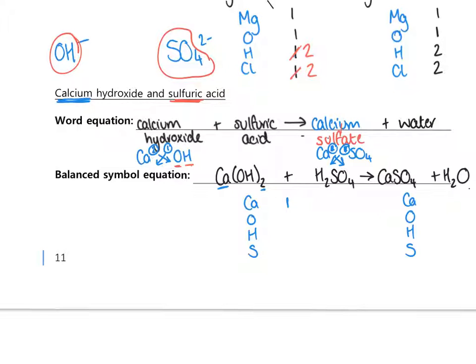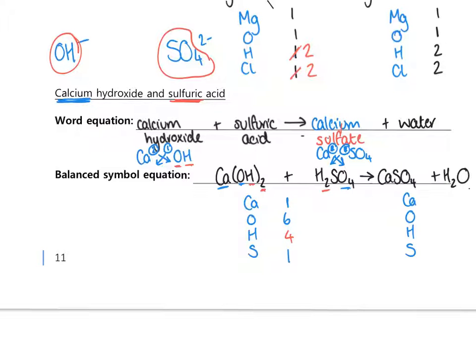So I've got 2 times my 1 oxygen, which is 2, but then I've got another 4 here, so that is 6. Hydrogens, again, be careful with this. You have 2 times your 1 hydrogen here, which is 2, but I've got another 2 here, and that is 4. Sulfurs, I just have 1.